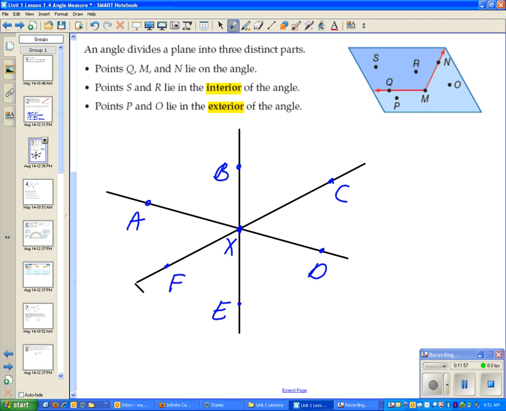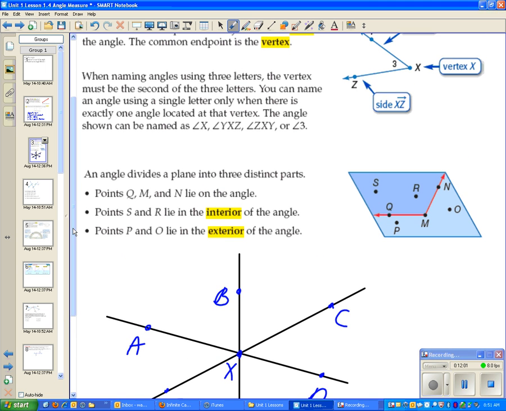Okay? All right. Now, I talked about interior. That's one of these things that's easier to understand than it is to explain. If this is your angle, the region that makes up, how to explain this?